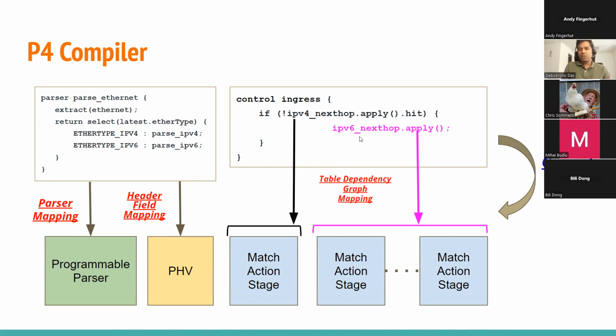If we want to map that program onto RMT hardware, this is just an example: the IPv4 table can be accommodated on this match action stage, and for the IPv6 part, we need the rest of the match action stages. So a compiler needs to compile these packet programs and map them into native hardware constructs. That's the task of a P4 compiler.